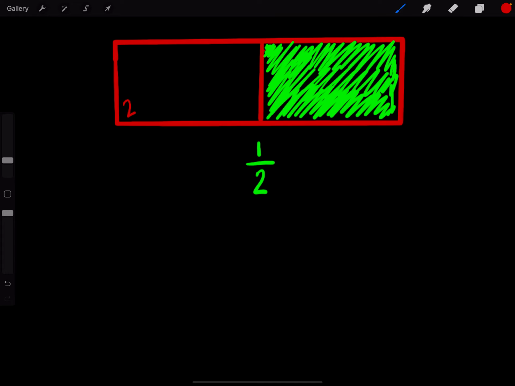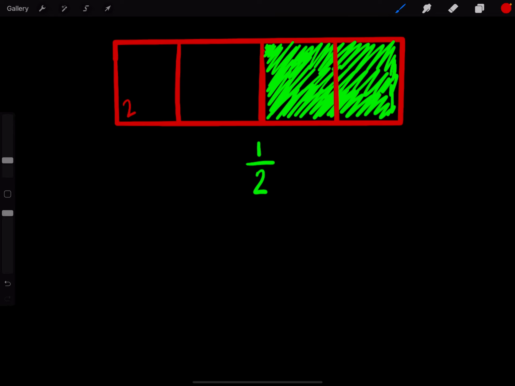Okay, now if you take that paper, you've folded it right here, and then you're going to fold it one more time. So your paper, when it's folded one more time, should look like this. It has 4 parts now. So we've turned this 2-part rectangle into a 4-part rectangle.